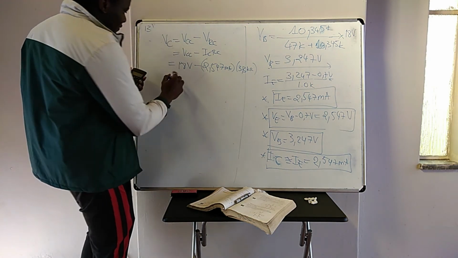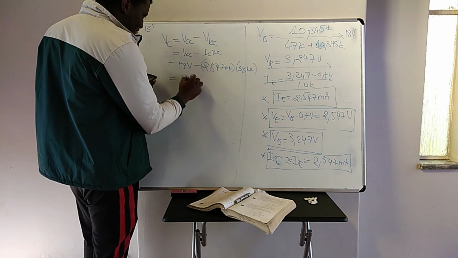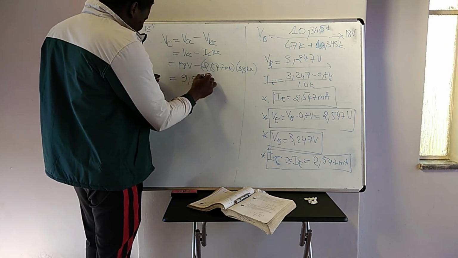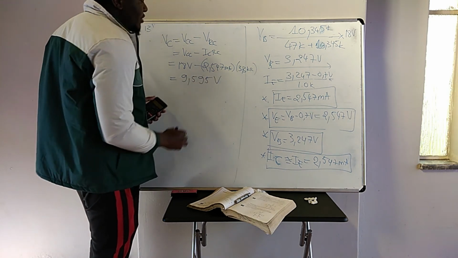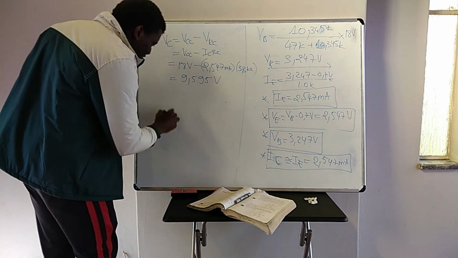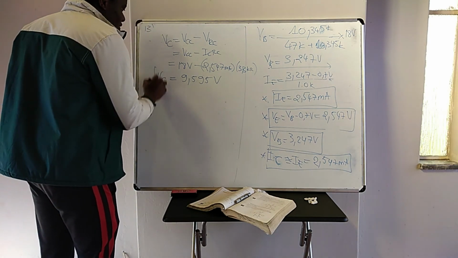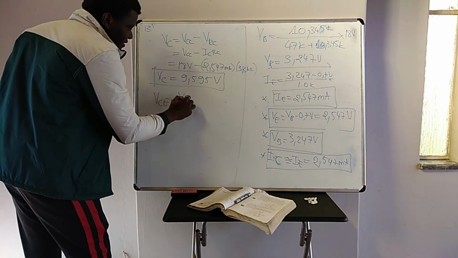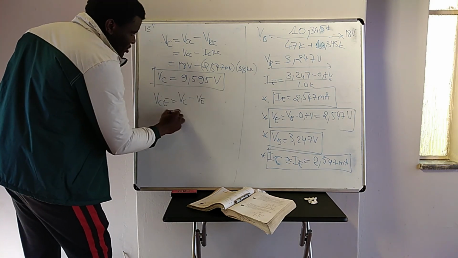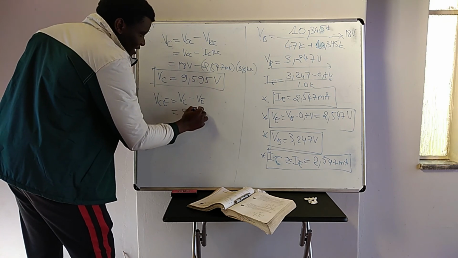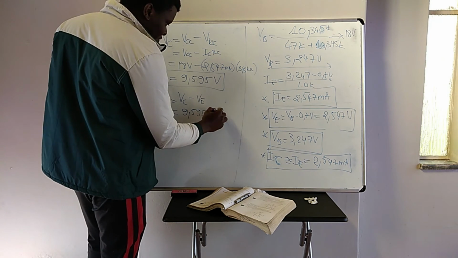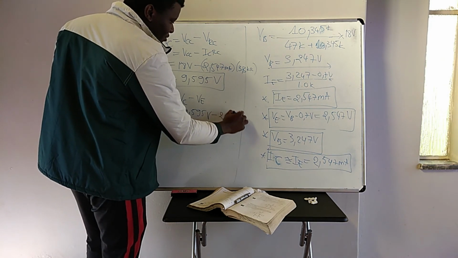Myself I got VC, which is 9.595 volt, and then the other one is VCE. VCE is VC minus VE, which is going to be 9.595 volt minus VE, which is 2.547 volt.